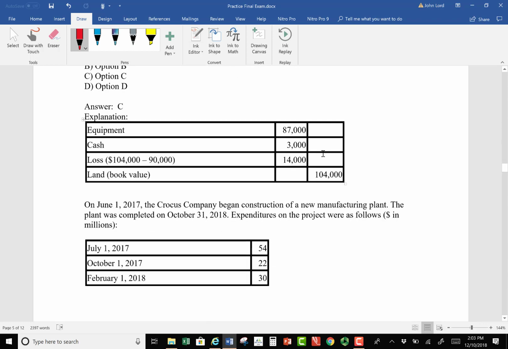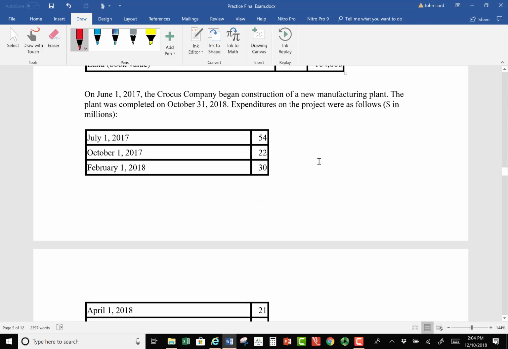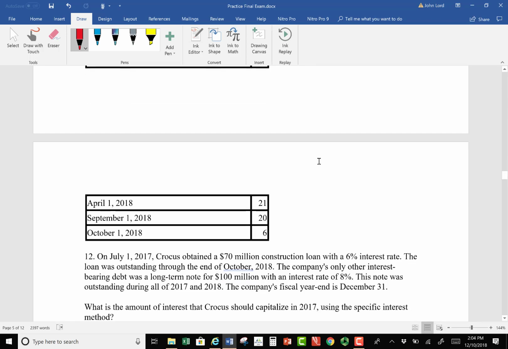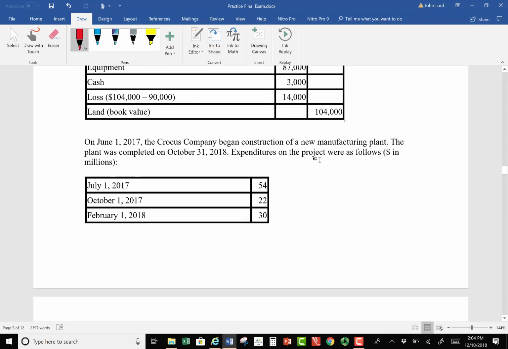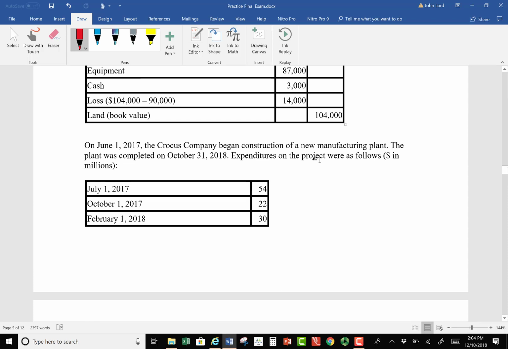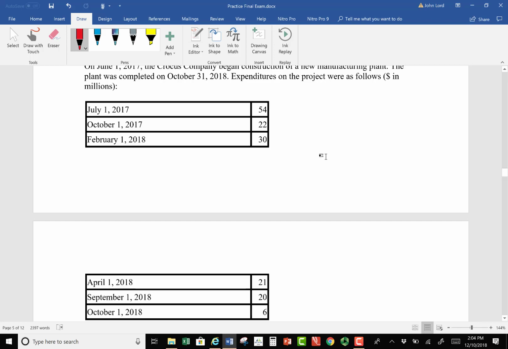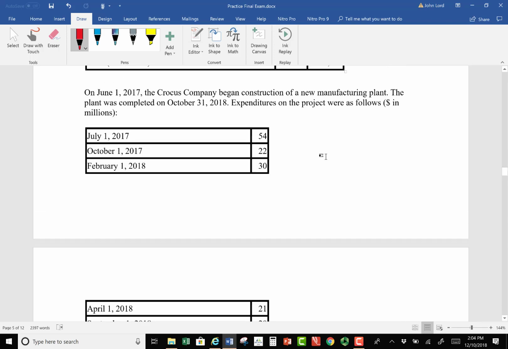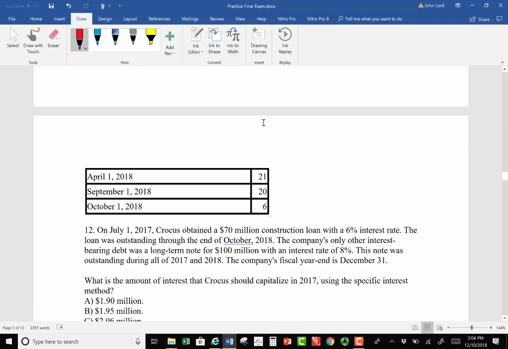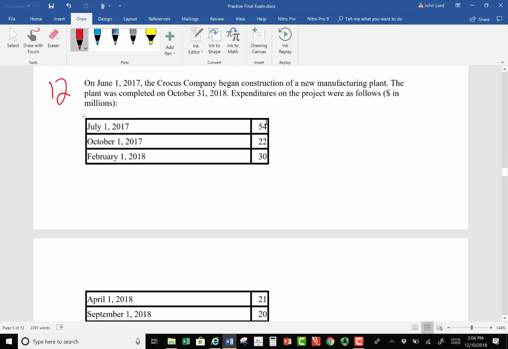Oh, there's no number 11? Oh, sorry. There's no number 11. I just put the number next to. But okay, look, guys. This I skipped number 11, so this starts number 12. Here they tell me here's a table of information, and then um, they tell me more.